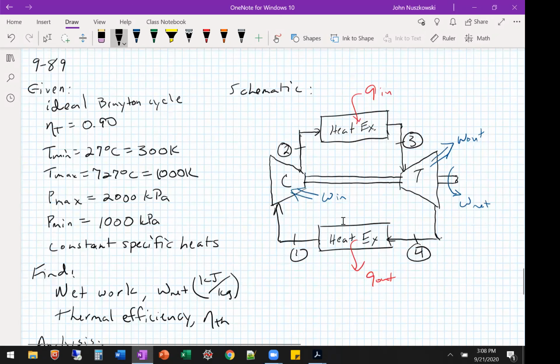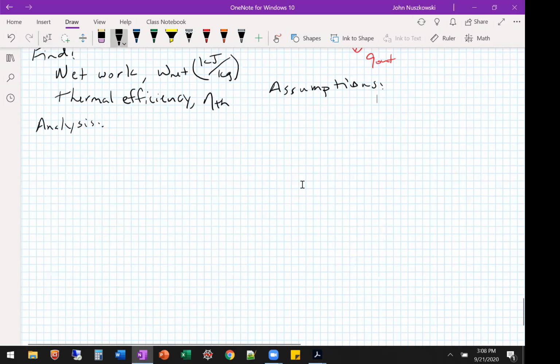All right, so where do we want to start with this problem? What I always suggest in these is we have the schematic, but we're looking for net work initially, and then thermal efficiency, but I still always would suggest drawing the T-s diagram first, okay?